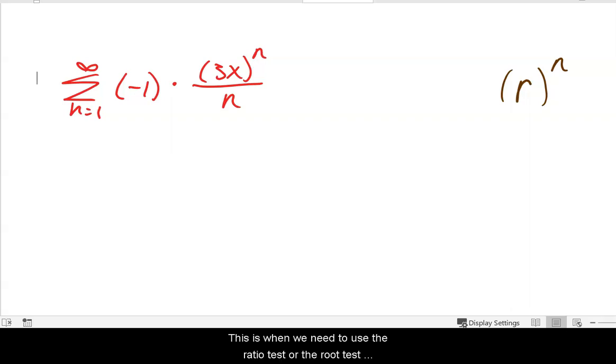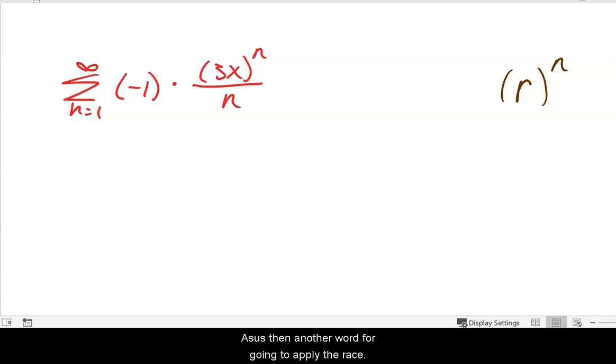This is when we need to use the ratio test or the root test in order to determine where it will converge depending on the value of x. In this case, we're going to find the limit as n goes to infinity of the absolute value of a sub n plus 1 divided by a sub n.